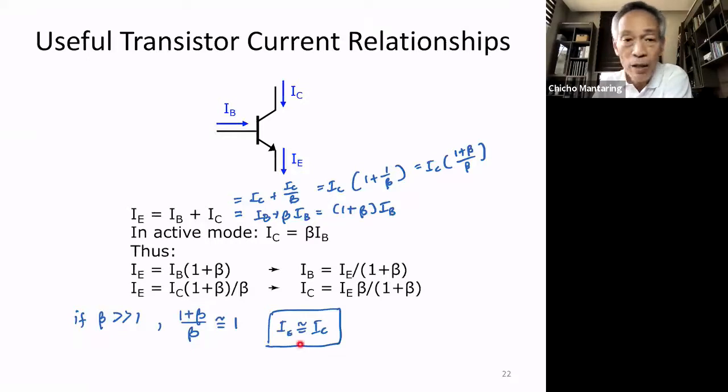If you don't need a very exact calculation, then you can just say that IE is approximately equal to IC. Remember, this is small, very small. So if this is small, the current coming from here just goes down here. So IC is approximately equal to IE. Are there any questions?